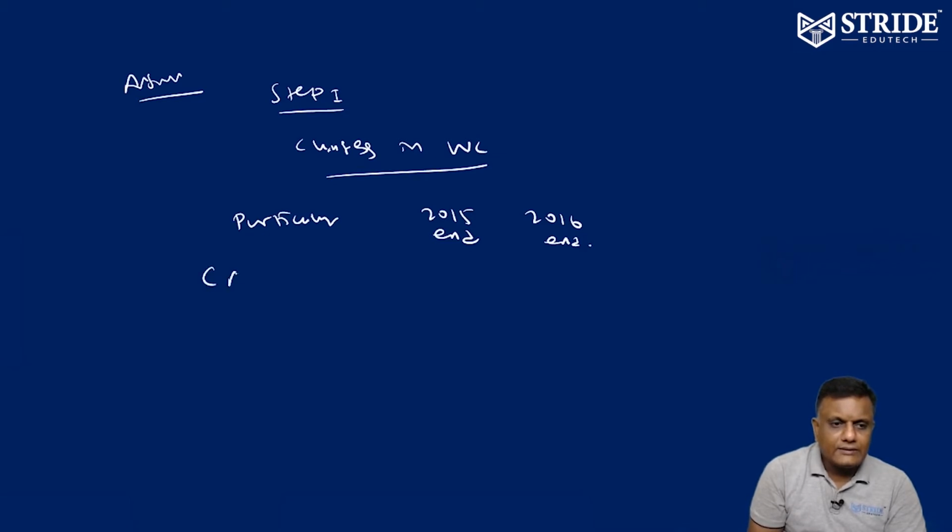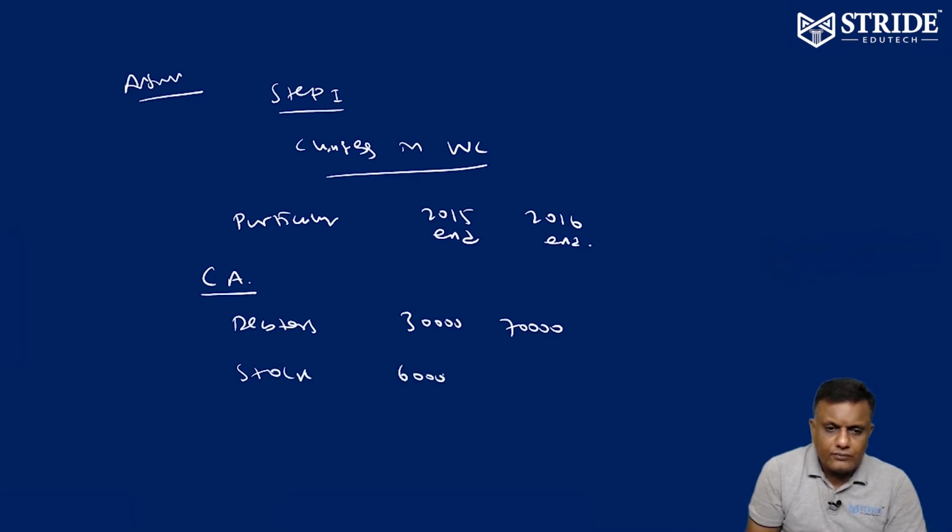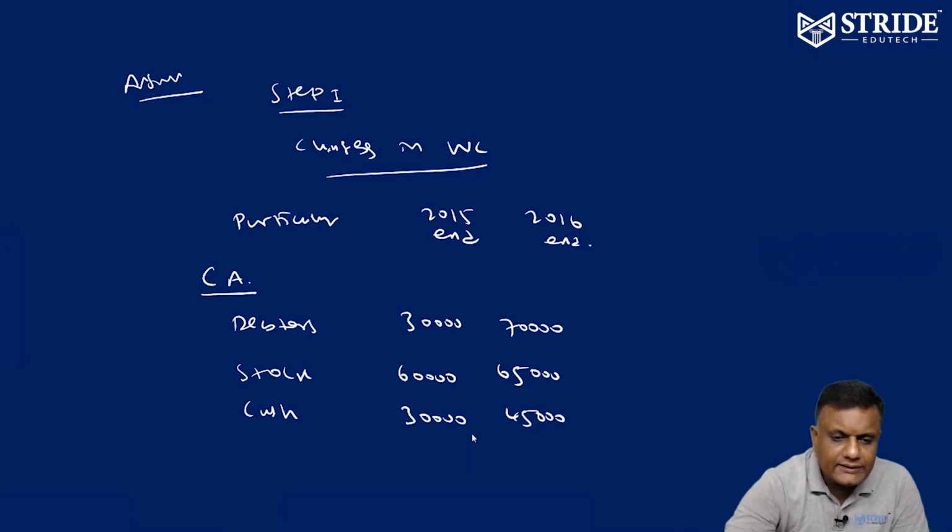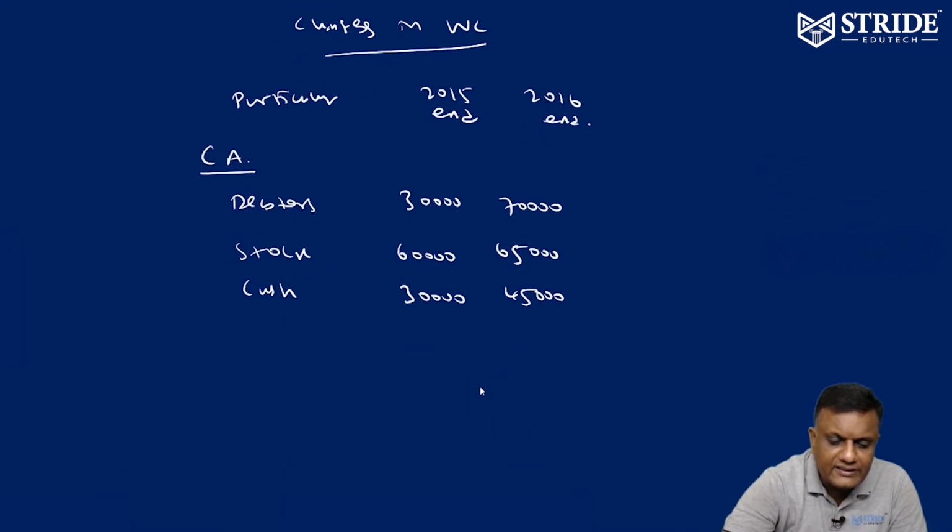Number 1, debtors: opening 30,000, closing 70,000. Next, stock opening 60,000, closing 65,000. Cash, current asset, opening 30,000, closing 45,000. So these are the only three current assets. Remaining things are fixed assets and investments.